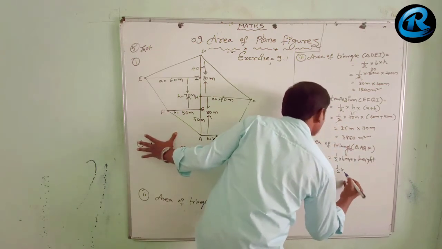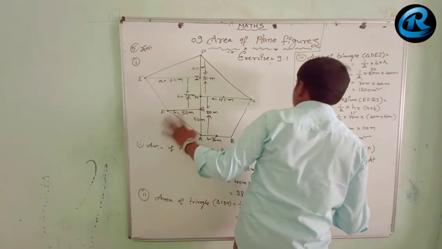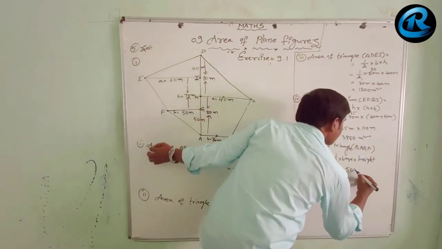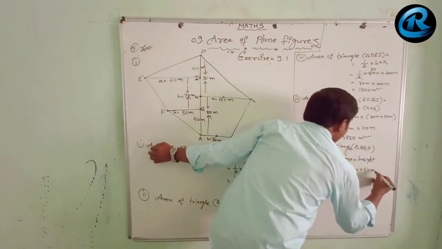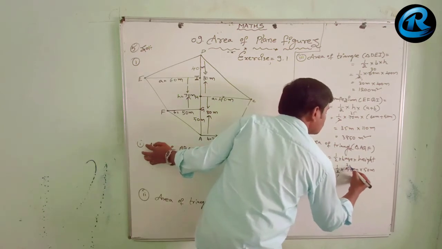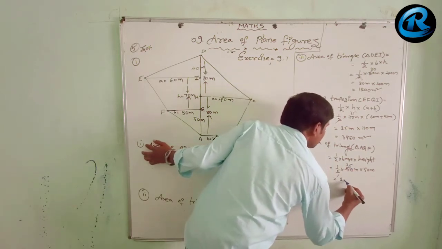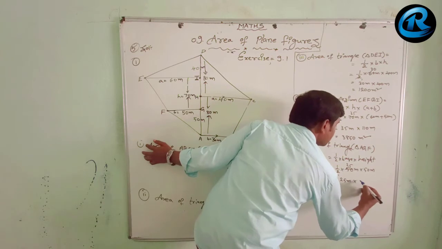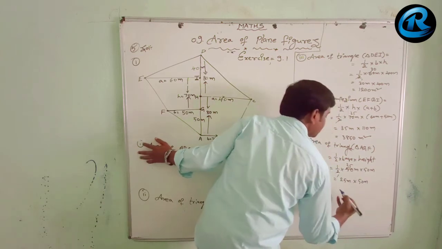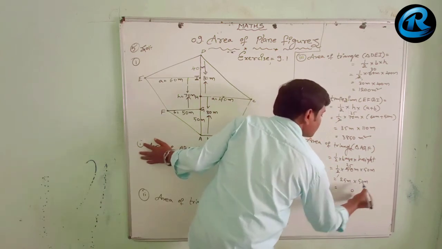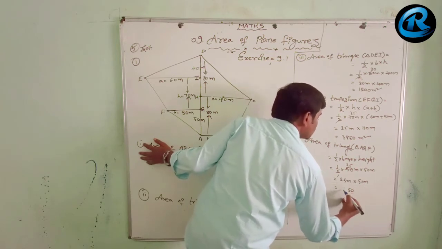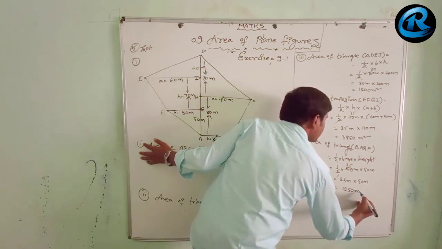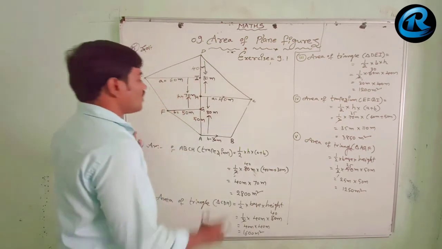That is 1 by 2 into base is 50 and height is also 50. So 50 meters into 50 meters. 2 ones are 2, 2 25s are 50. That is 25 meters into 50 meters. So 0 here, 5 5s are 25, 2 carry 5, 2 1s are 2, 10 plus 2, that is 12 50 meter into meter, meter square. Now we got all 5 areas.